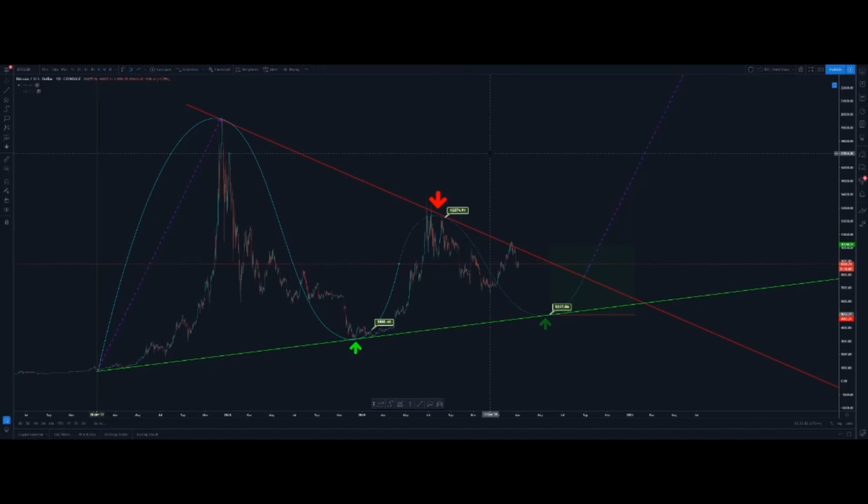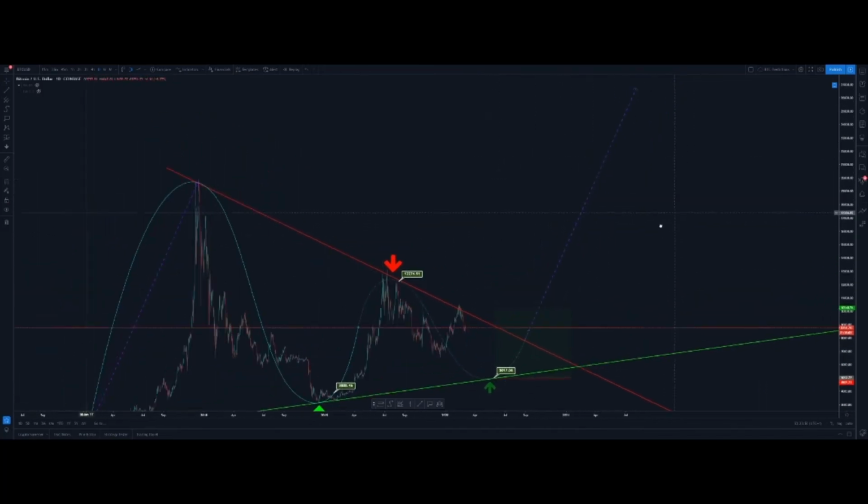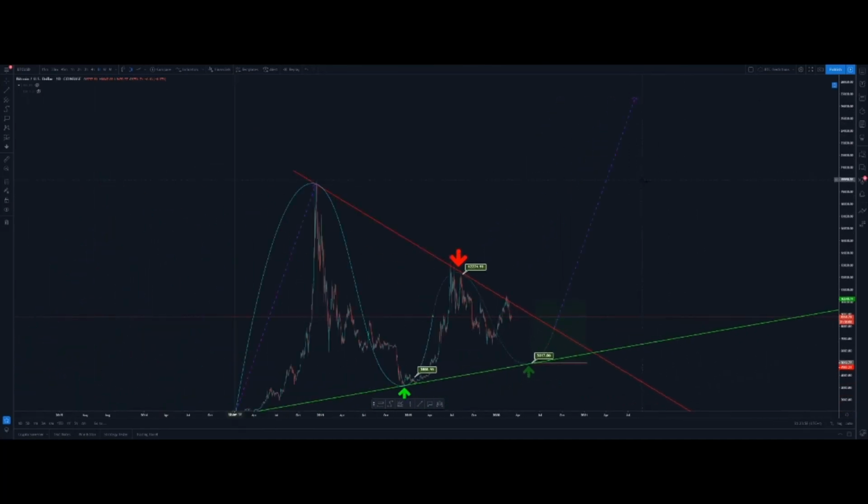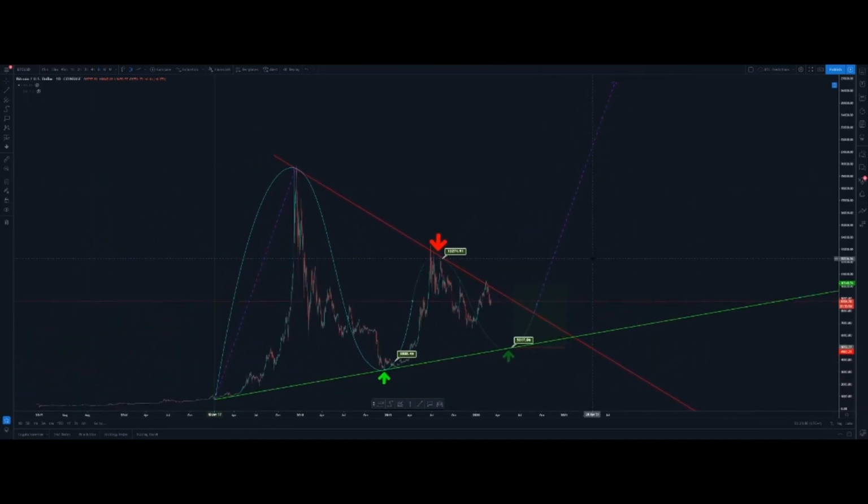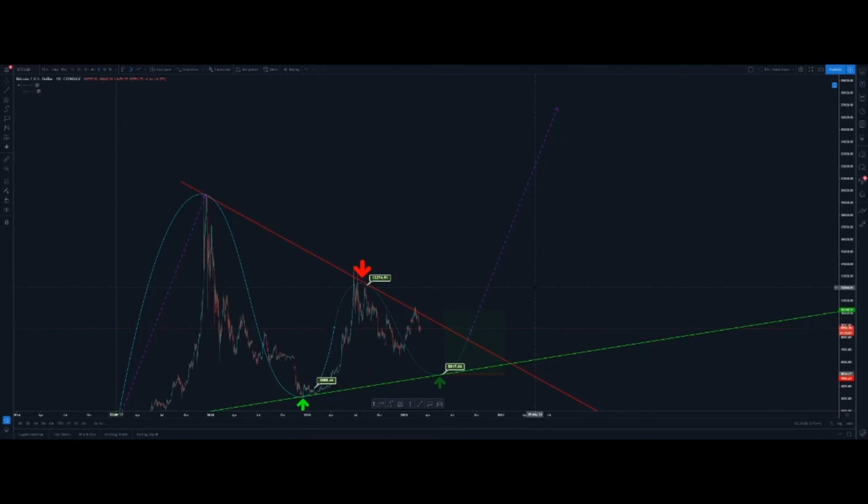All right, now we got a potential target. As you can see, it's a pretty radical target, but this is cryptocurrency after all. Let's see, our first target is of course the resistance.